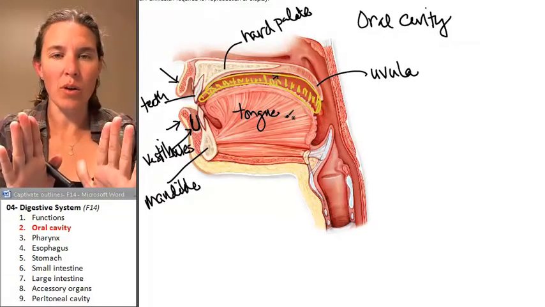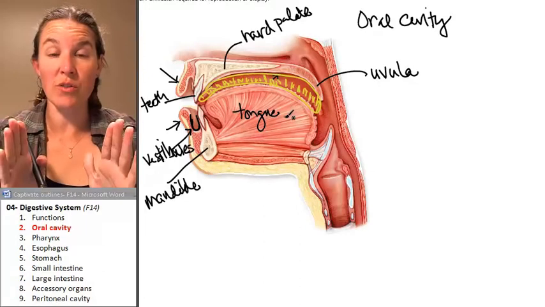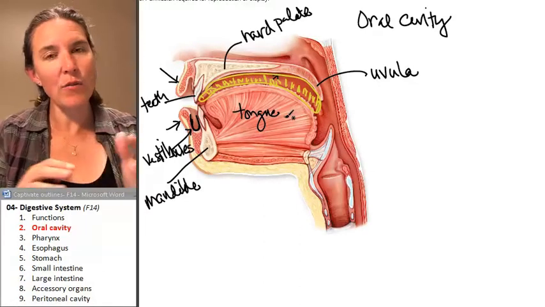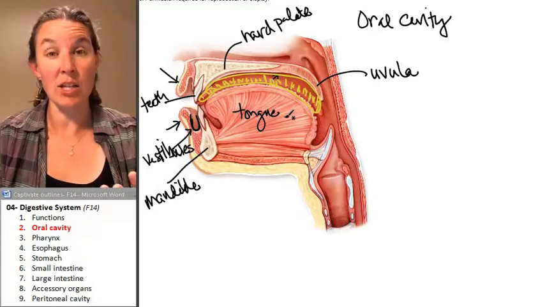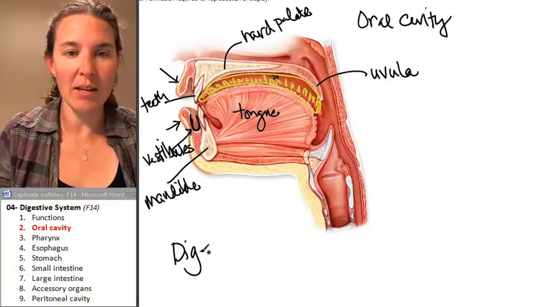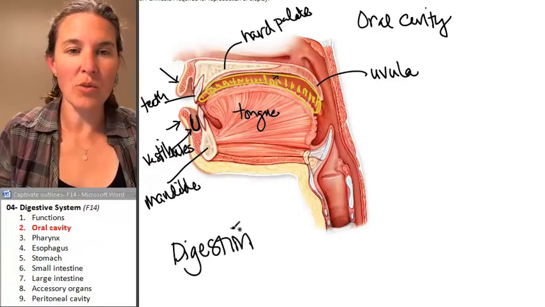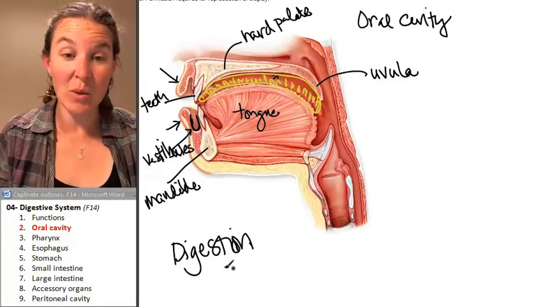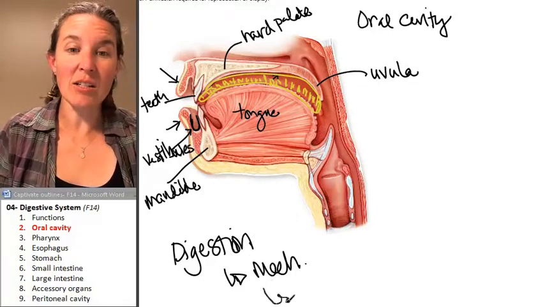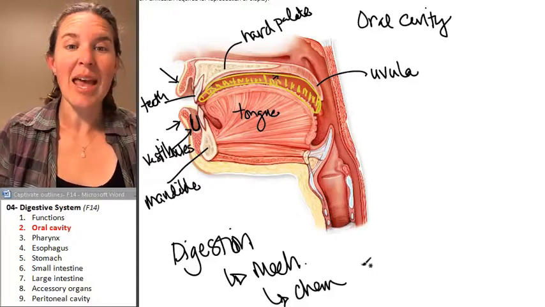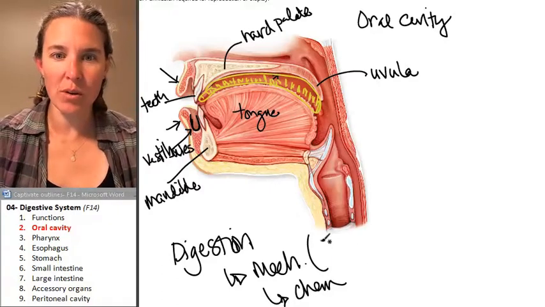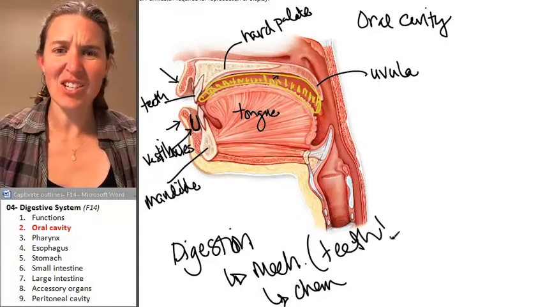Now, there are two structures that we're going to look at in a little more detail, and they play different roles in digestive processes. Digestion does happen in the mouth. Do you remember the two kinds of digestion that we can have? We can have mechanical digestion and chemical. Mechanical digestion in your mouth happens because of your teeth.